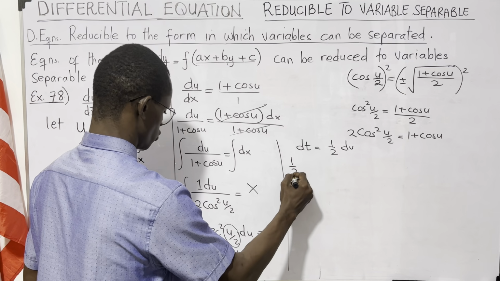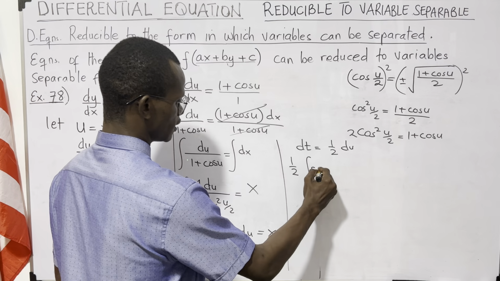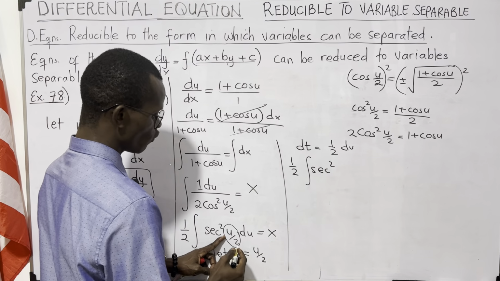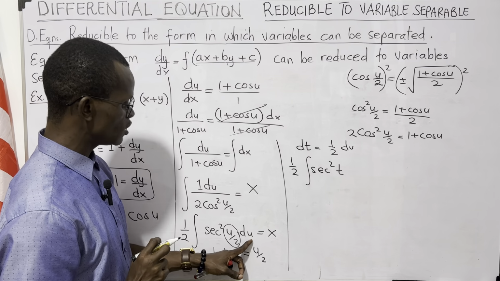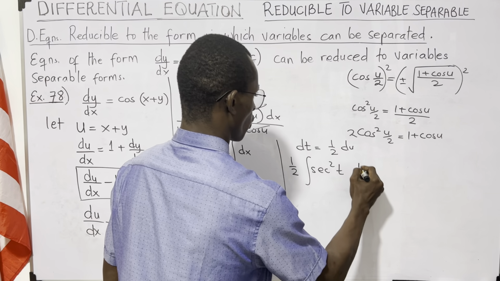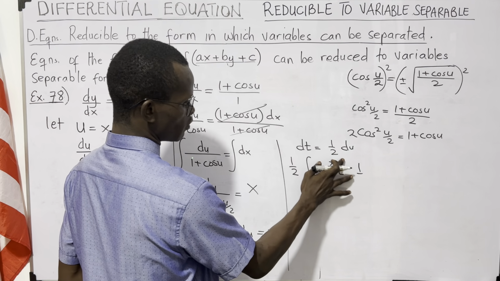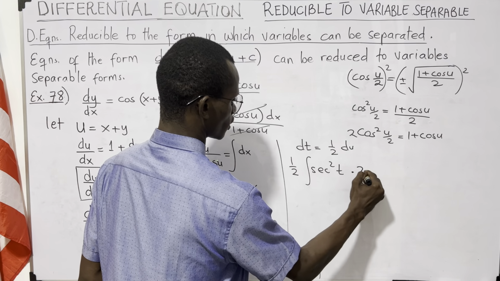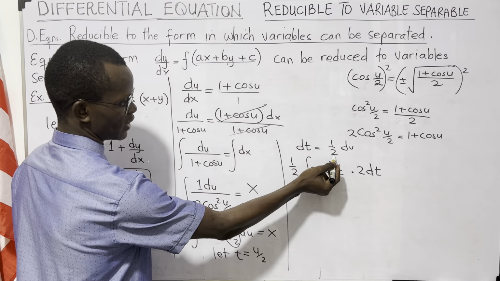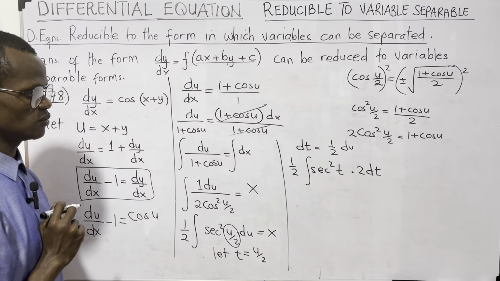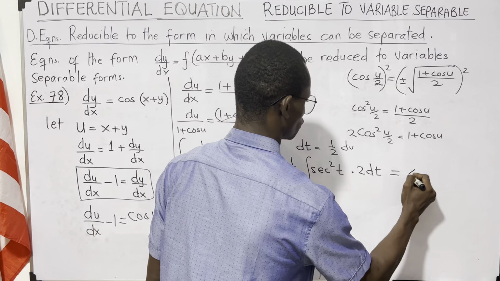So 1 over 2, the integral of secant square u over 2. What is u over 2 now is t, right? And then the du now will just be 2 dt, right? Because we multiply this 2 by this, dt will give us 2 dt, all equal to x.